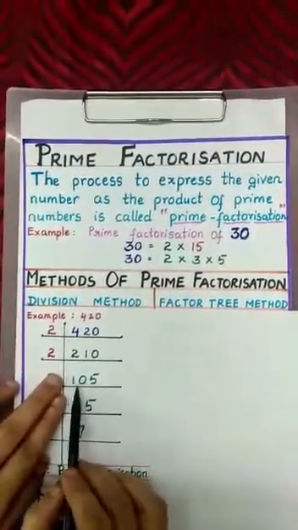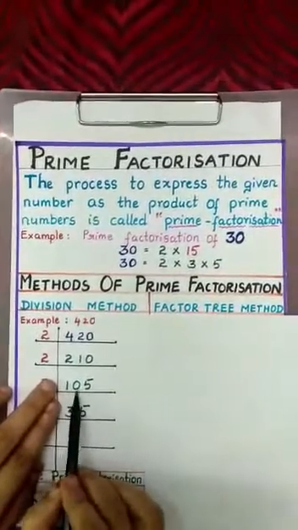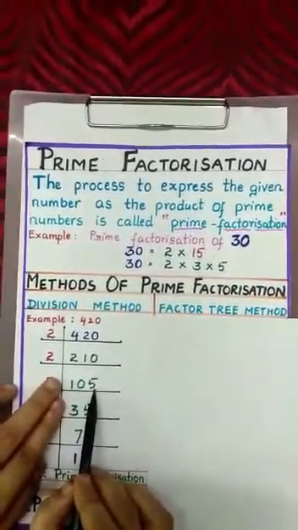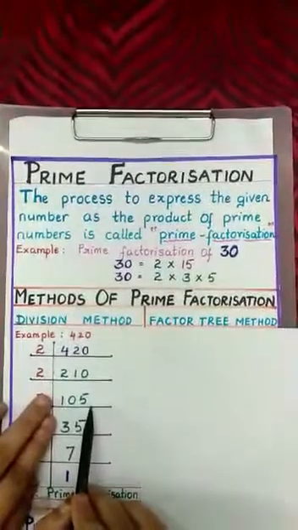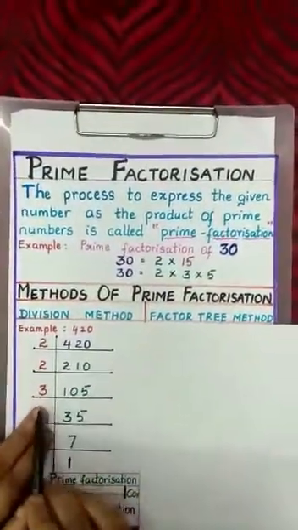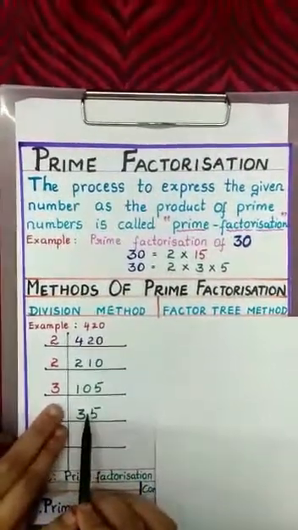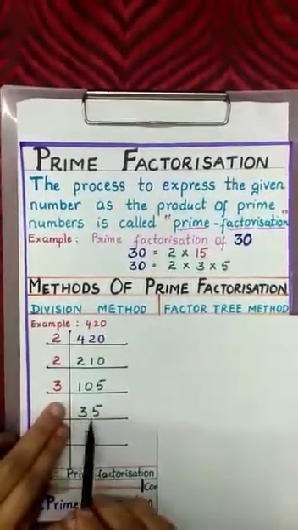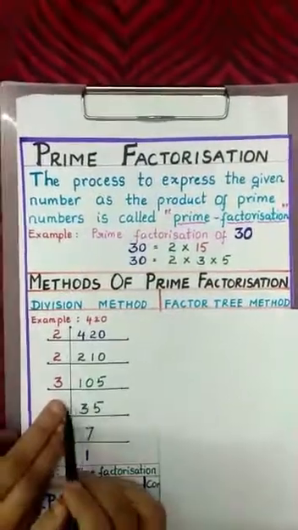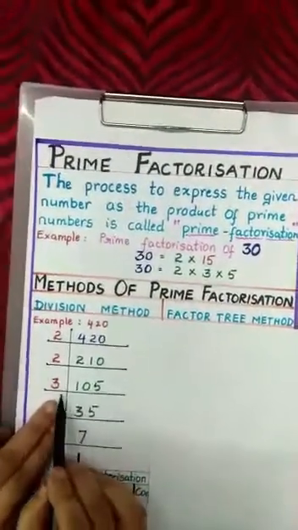Now you see the sum of digits here. 1 plus 0 is 1 and 1 plus 5 is 6. That 6 is divisible by 3. So this number is divisible by 3. Now divide. 3 threes are 9. So 1 will come as a remainder. 5 you take. 3 fives are 15. So we divide 105 by 3 to get 35.